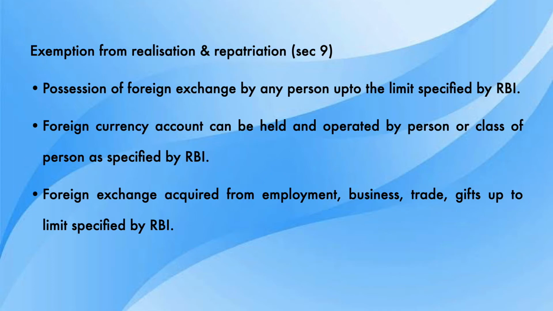That means this person is recognized and has a license to deal with foreign currency with the permission of RBI. Next, foreign exchange acquired from employment, business, trade, and gifts up to a limit specified by RBI. So all of this is exempted with the permission or within the limits specified by RBI.